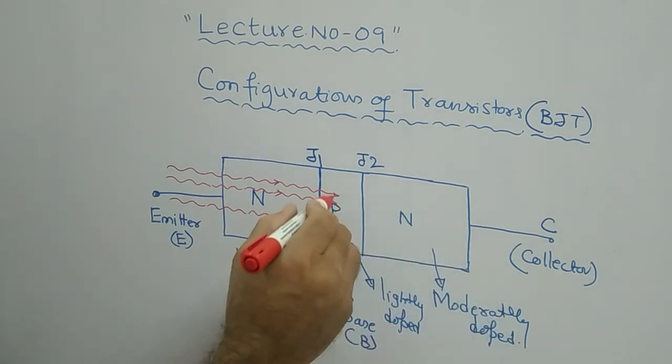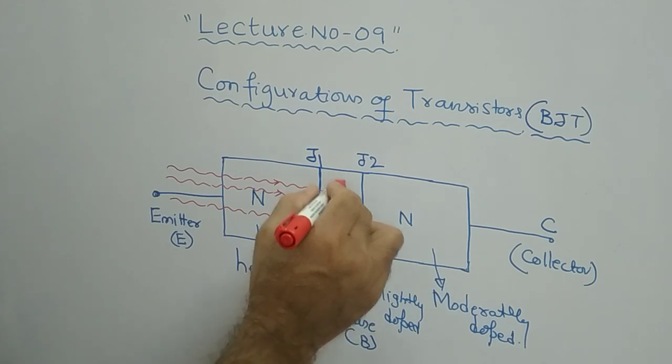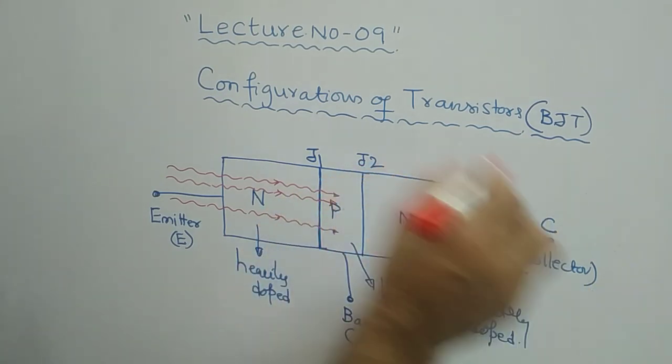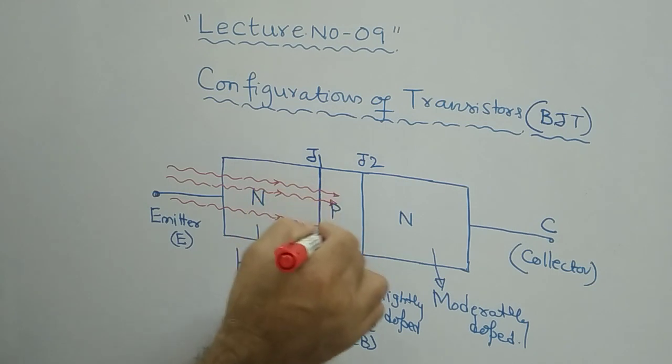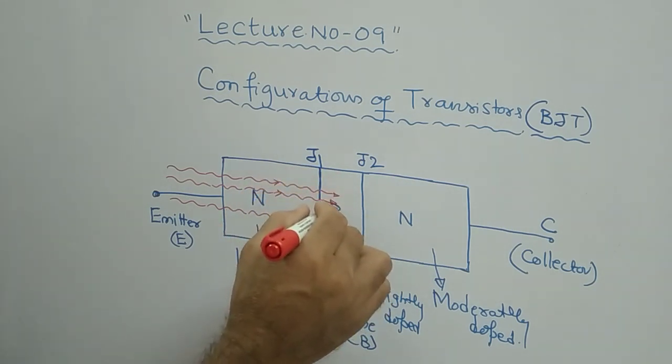Now these electrons pass through this base, and finally these electrons will be collected by the collector. That's why it is called the collector.